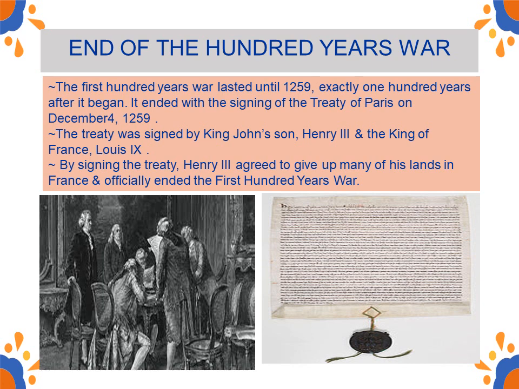This treaty was signed between King John's son Henry III and the King of France, Louis IX. By signing this treaty, Henry III agreed to give up most of the lands of France and officially ended this first 100 years of war.